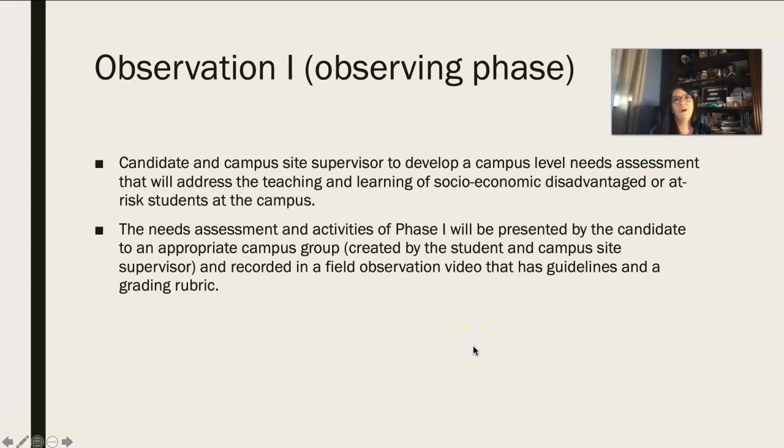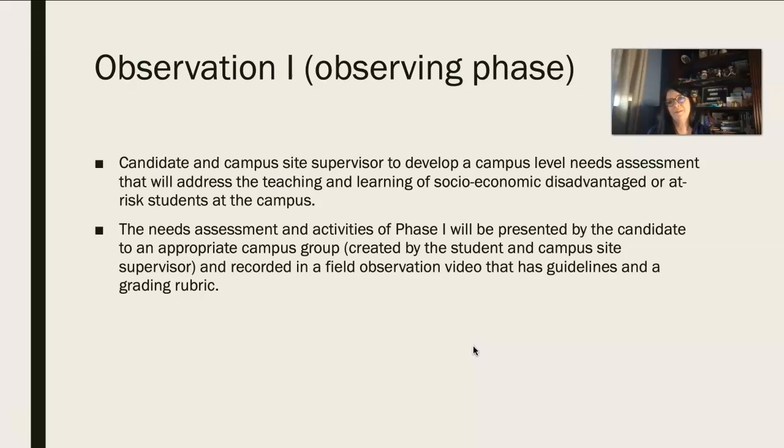We're going to focus on observation 1, which is their video 1. We'll have other videos later that will give you video 2 and video 3. In this video, candidates and their campus site supervisor are going to develop a campus level needs assessment that will address the teaching and learning of socioeconomically disadvantaged or at-risk students on their campus.